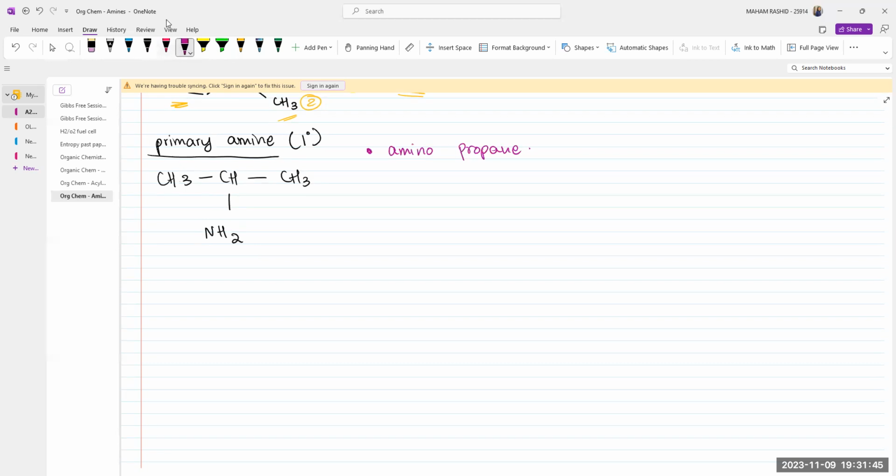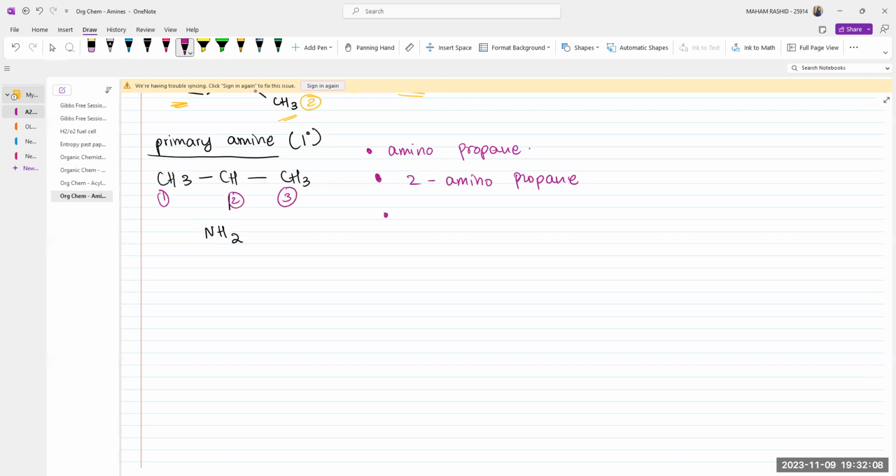Another name for the same compound could be 2-aminopropane. And why do you think we can name it this way? Because it's on the second carbon. Exactly. This is first, this is second, this is third.